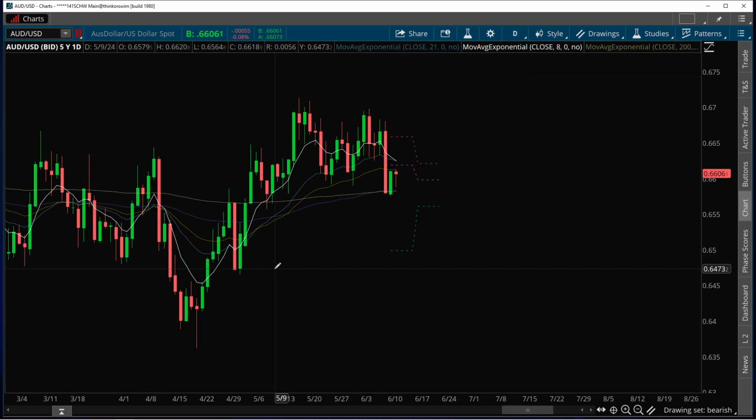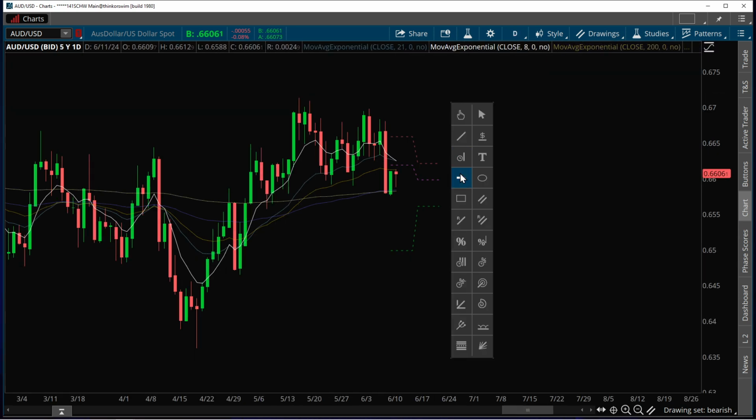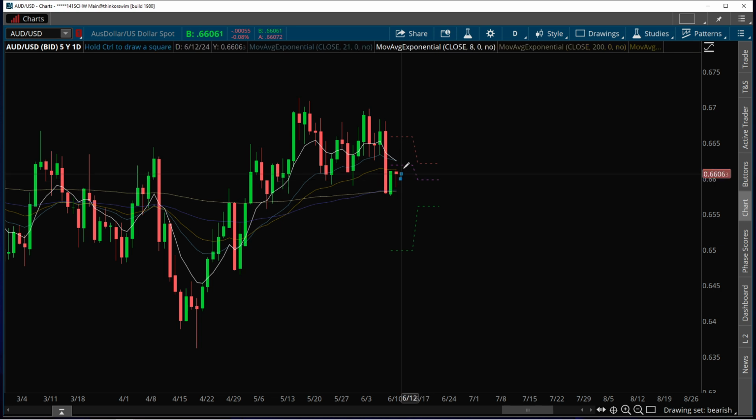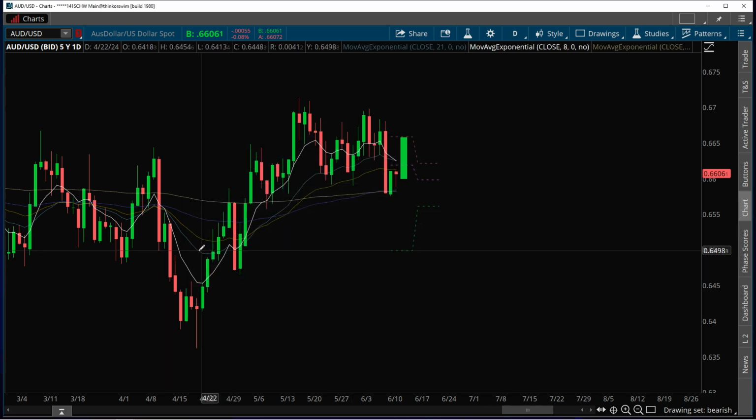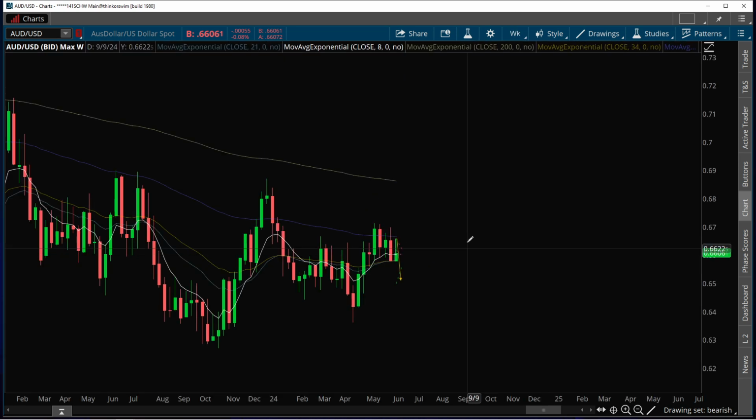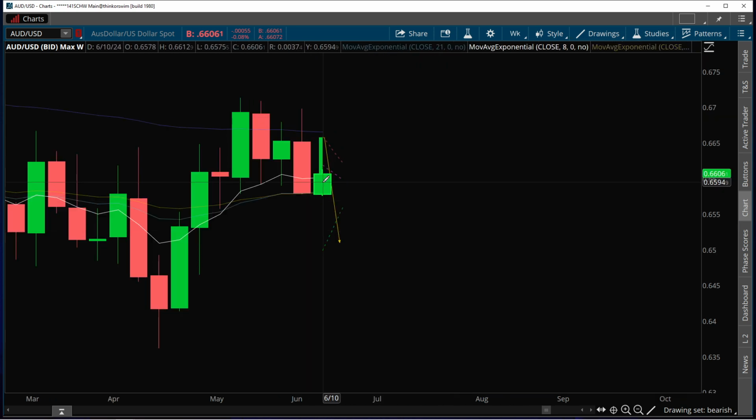Aussie just kind of feels like it wants to give you this. Well, I feel like it could, right? It could give you this. And then from this level, it could get rejected hard. And now we close below that weekly 8, right? We're back below our weekly 8.